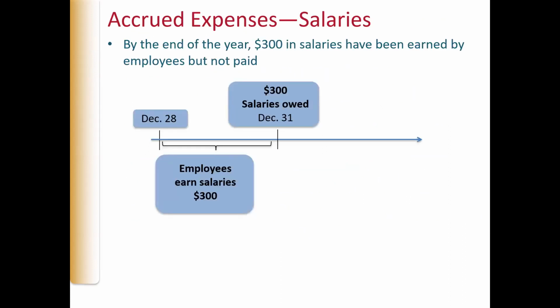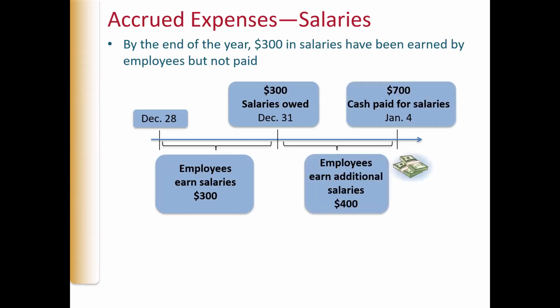Salaries is an example of this. By the end of the year, $300 in salaries have been earned by employees, but not yet paid. So do you see here on December 28th through December 31st, salaries earned by employees were $300.